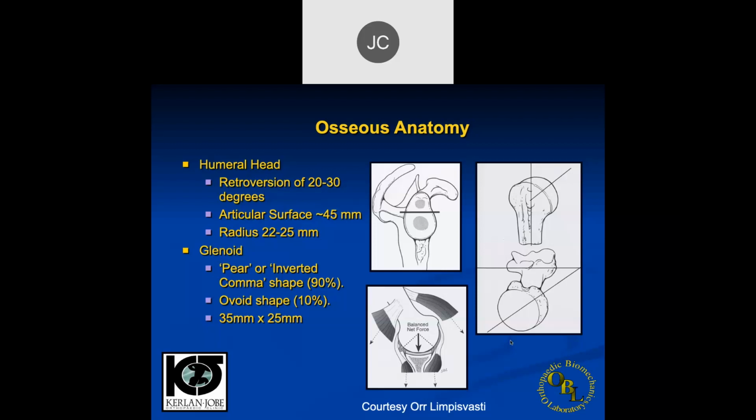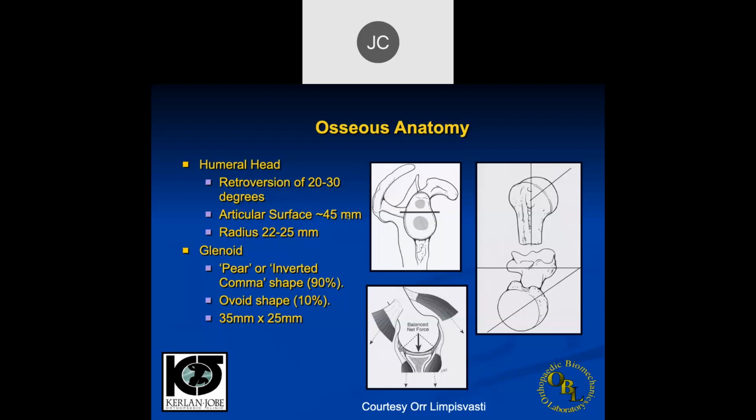So let's talk a little bit about the osseous anatomy, because for stability of the shoulder, both the bones and the soft tissues are very important. So typically the humeral head, if you look at the humerus, you have about 20 to 30 degrees of retroversion, if you draw an angle between the long axis of the humeral head and the center of articulation.